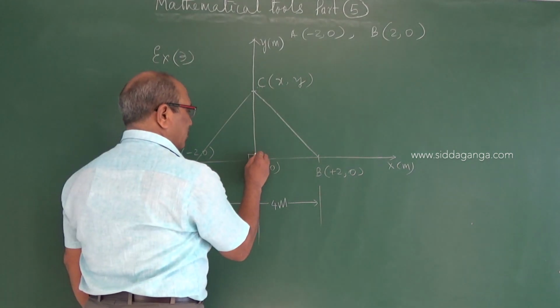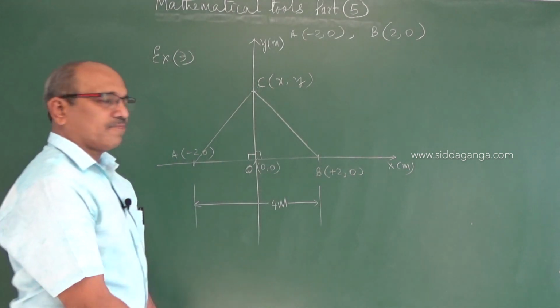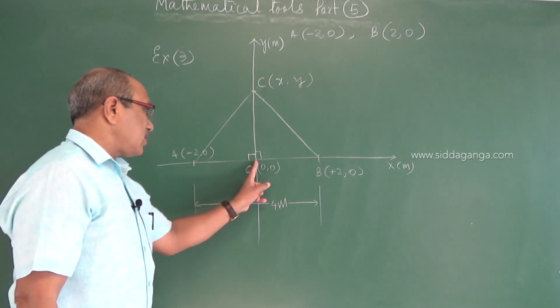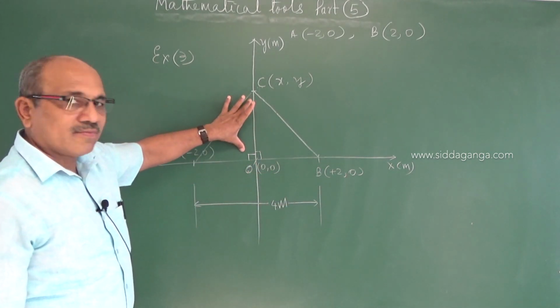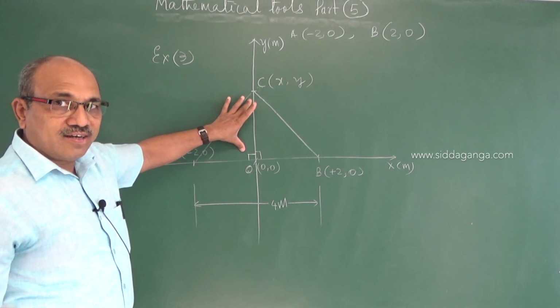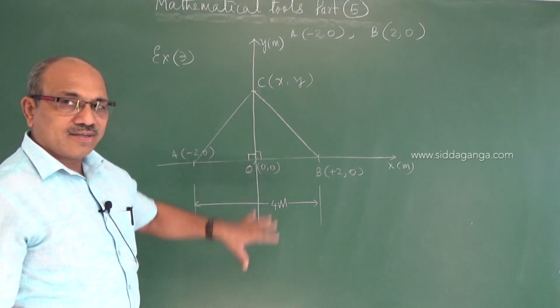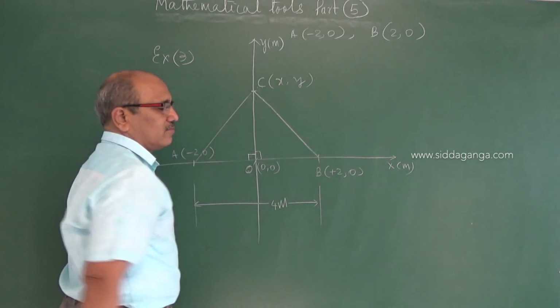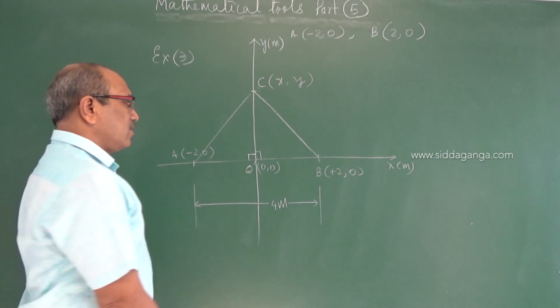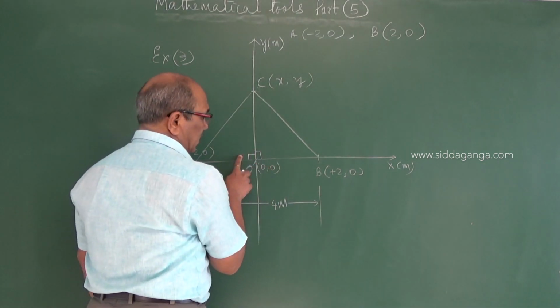See, this is 90 degree. This side is same. This length is same. You know well in geometry, I think so. Then the two triangles are similar. Therefore, what happens? This is 90 degree.